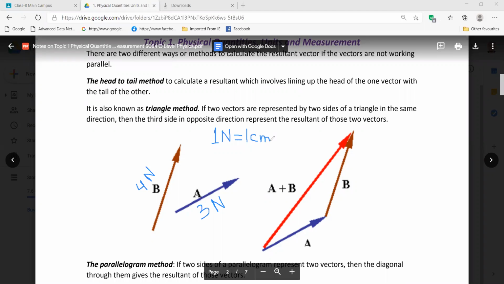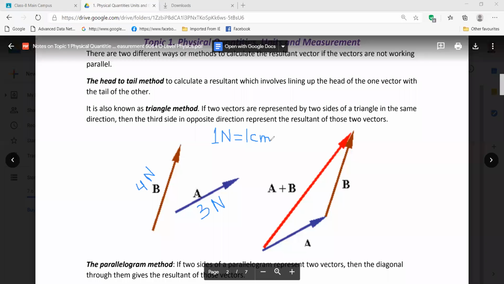This is called scaling. For the graphical method, the scale will be given in the exam, like 1 Newton equals 1 centimeter. Sometimes it's given, sometimes you have to make it. Both are available. From the length given on the paper, you can make it.